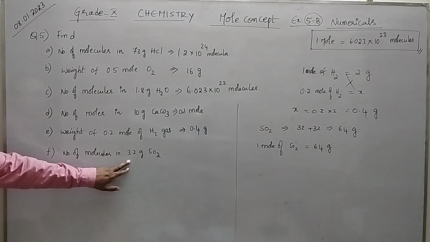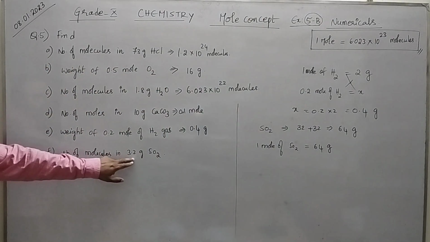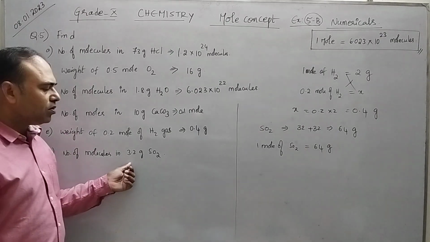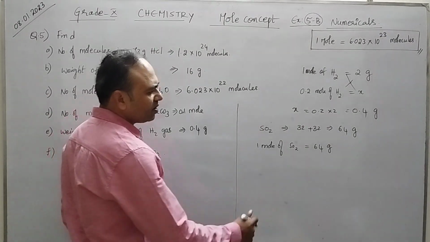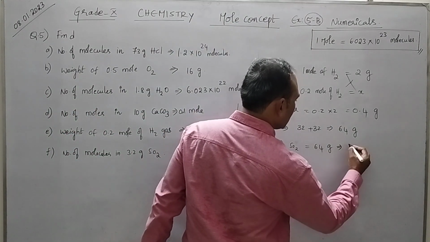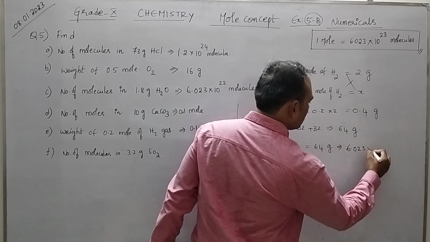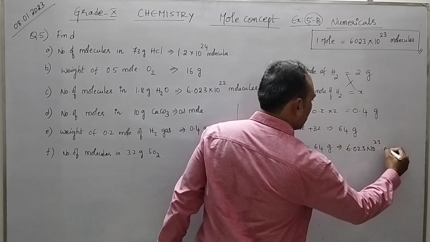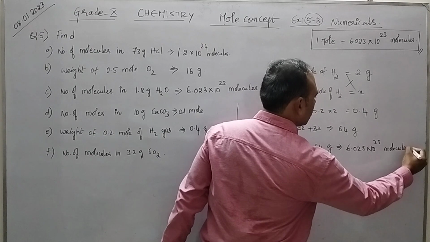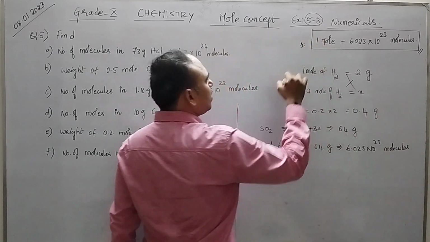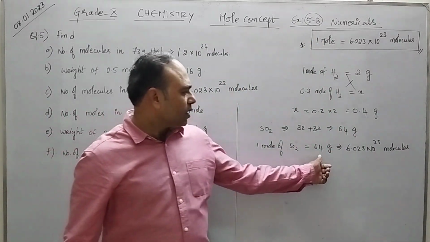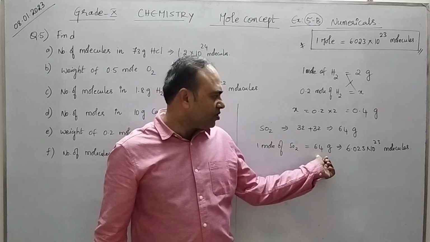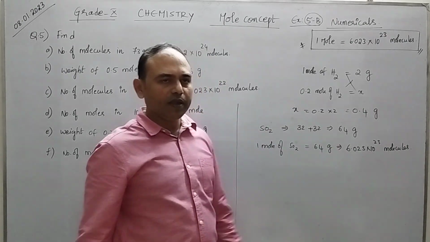Now they are asking number of molecules in 3.2 grams of SO2. See, you know that 64 gram, Avogadro number 6.023 into 10 to the power of 23 molecules. From this statement, we know that 1 mole has a weight of 64 grams. It contains Avogadro number of molecules.